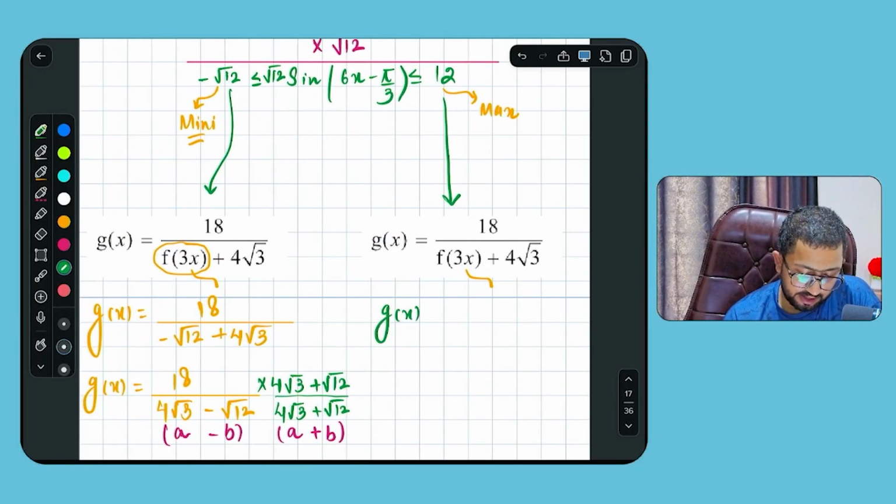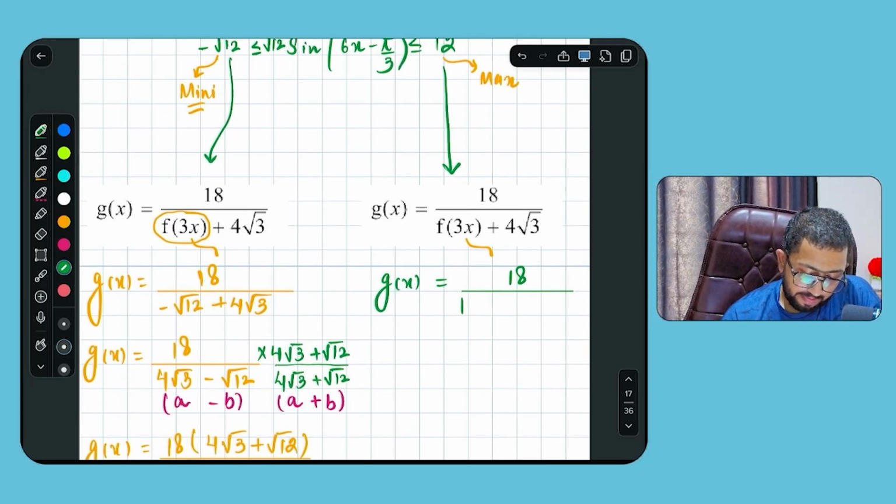So let's put the maximum value of f of 3 of x. Again, what do I have to do? I need to apply rationalization.